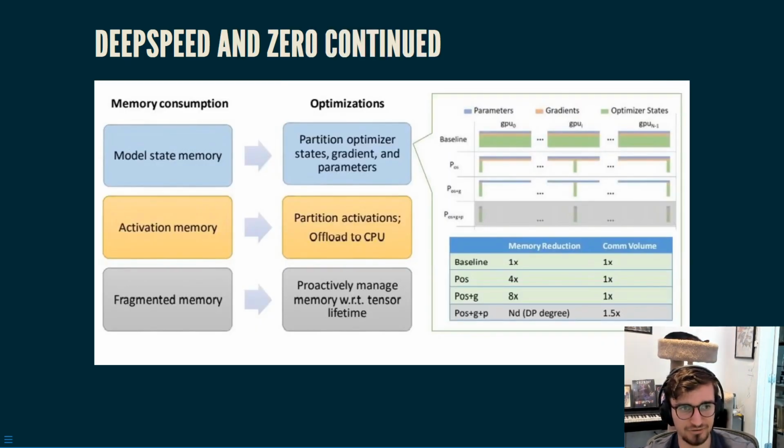So another way to think about this is it basically sections off the model and a few different parts of how we're training into these different groups. So again, here's another example. Say this is our baseline. Parameters are in blue, gradients are in orange, and optimizer states are in green. This was true for the previous slide as well.